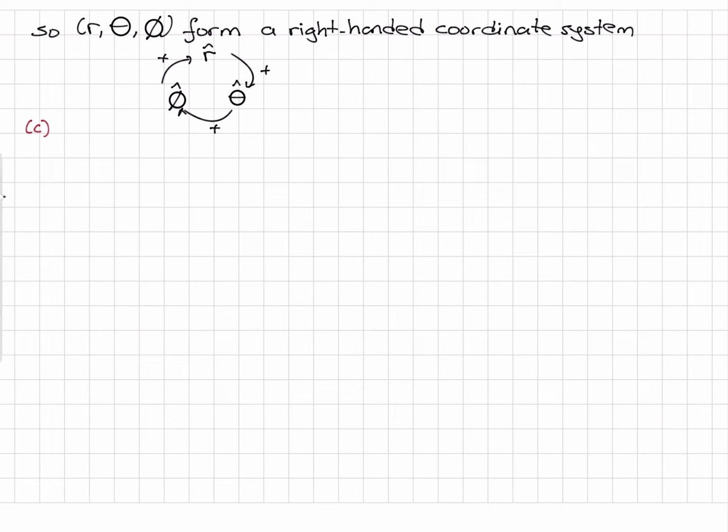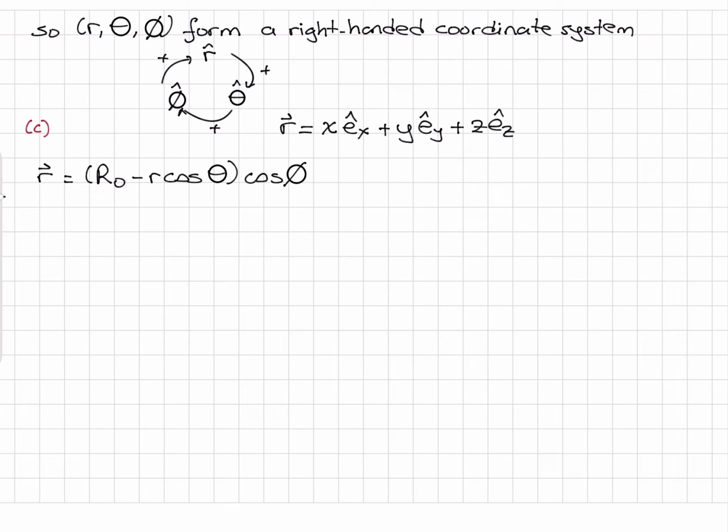First of all, I have to write the position vector r, and in Cartesian coordinate systems, the position vector is given by x e_x hat plus y e_y hat plus z e_z hat. And now I know the coordinate transformation equations. So for x, I'm going to substitute (r0 minus r cosine theta) cosine phi in the e_x hat direction.